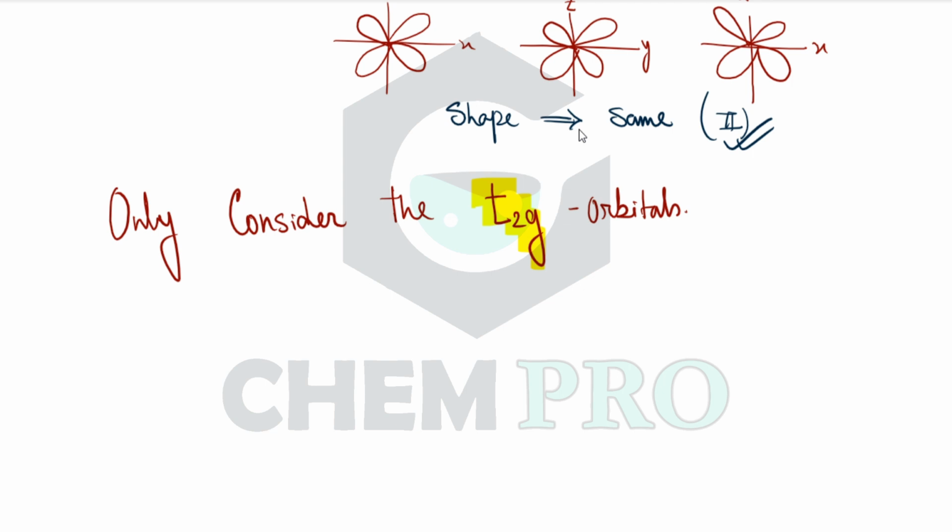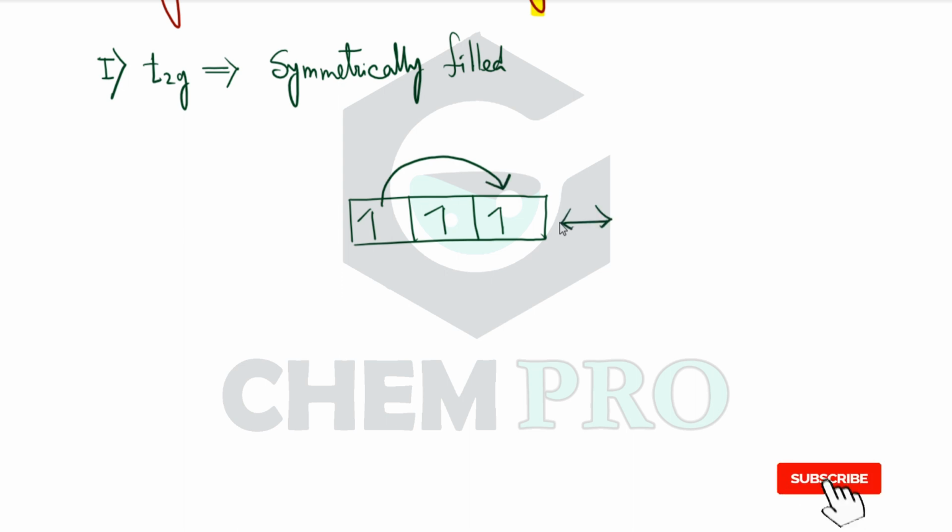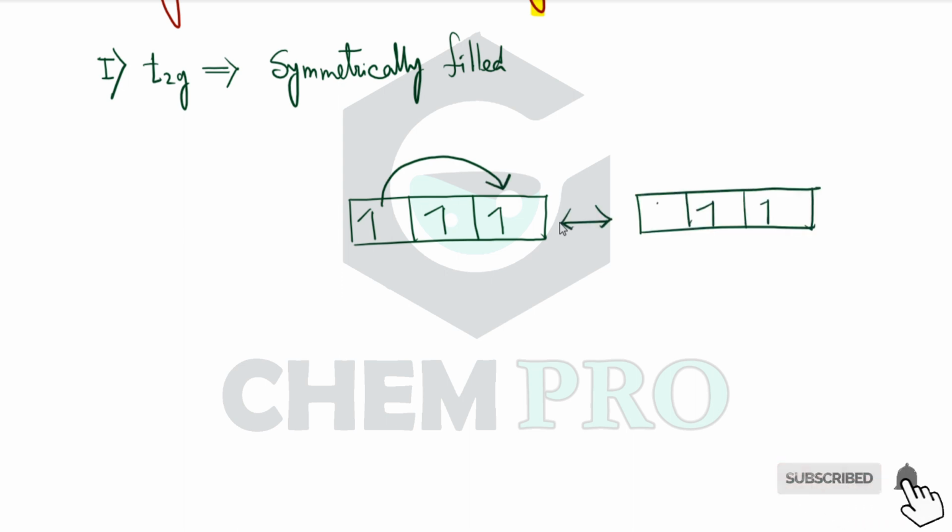Here two cases will arise. First one is when T2g is symmetrically filled. Here it is a T2g orbital and it is symmetrically filled. If we transit this electron to this, then we get this, this and this.